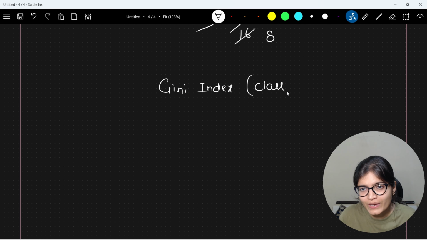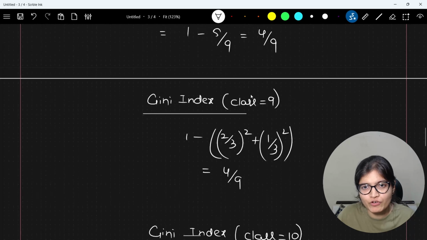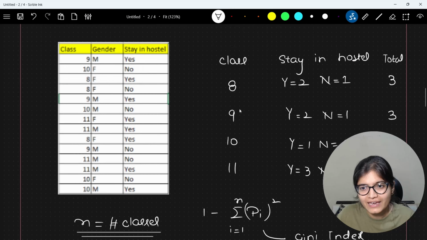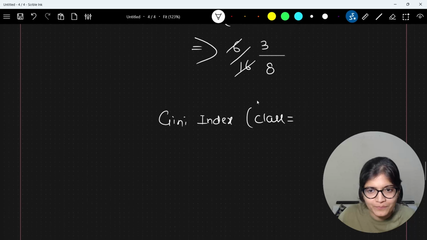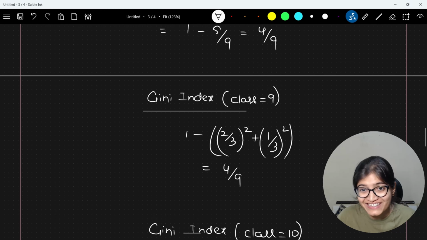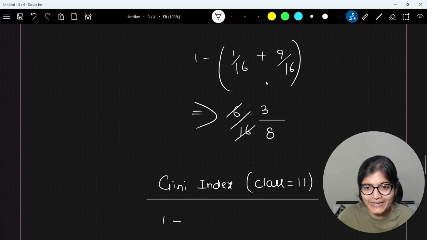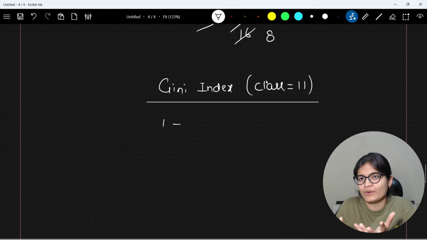Similarly, the last thing we have to evaluate is the Gini index for the class value equal to 11. When the class is 11, again it will be 1 minus, what is the probability of yes in class 11? It will be 3 by 4 and no is 1 by 4. I hope everyone knows how we can evaluate probability.